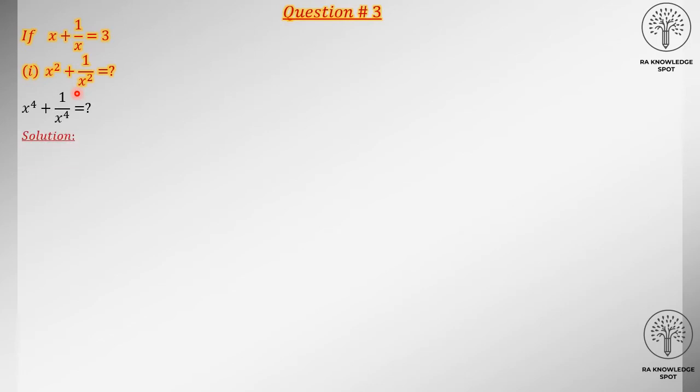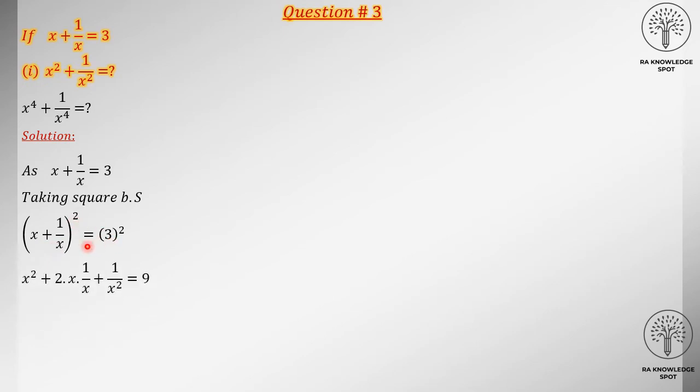Now this is the solution of the question. Of course we have to use the given information, that is x plus 1 by x is equal to 3. We are going to take the square on both sides. Now x plus 1 by x whole square and 3 power 2.